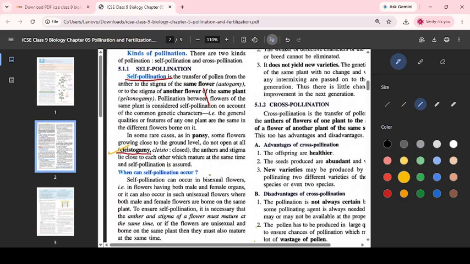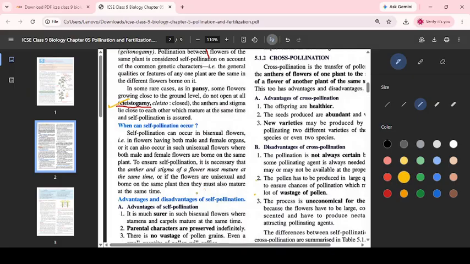Now when does self-pollination occur? It was a detailed topic earlier which is removed now. But you should know what are the conditions. The two major conditions I'll be discussing with you, that when self-pollination occurs. First is called as bisexuality. That means the flower should be bisexual. Means anther and stigma should be present in the same flower or in the same plant for the self-pollination.